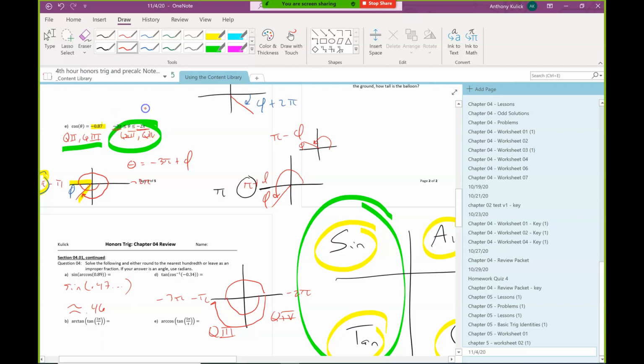Okay, so once I identify where the angle is located, so I'm in quadrant 3, now I'm going to draw my angle of rotation. So again, I'm going clockwise. That's negative 3 pi, but I ran into my angle, so I know I'm stopping. The phi I draw, the x-axis is always one end of my phi, and the angle is always the other.